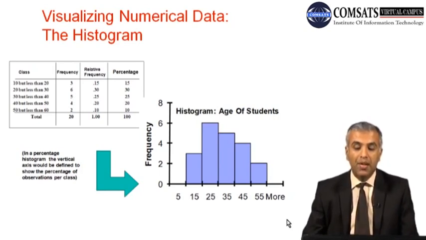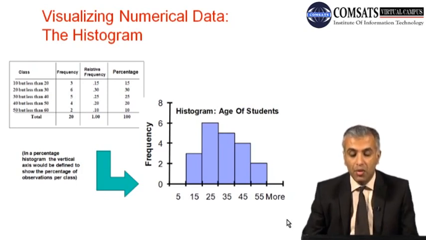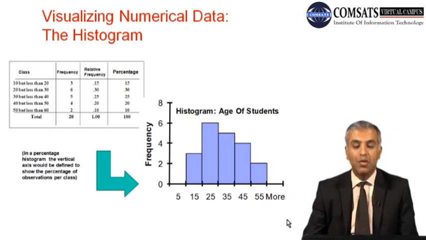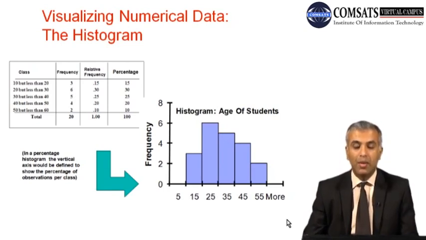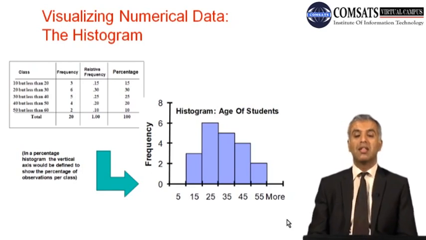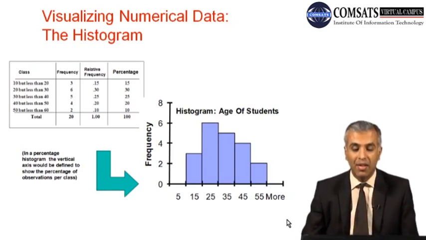Now the frequency, let's say in the case of the first class, is 3. So the first bar going upward shows the frequency on the y-axis. So a frequency of 3 is displayed in terms of the first bar. Likewise the second frequency is 6, so you can compare the value of the frequency of 6 on the y-axis, which is evident here.